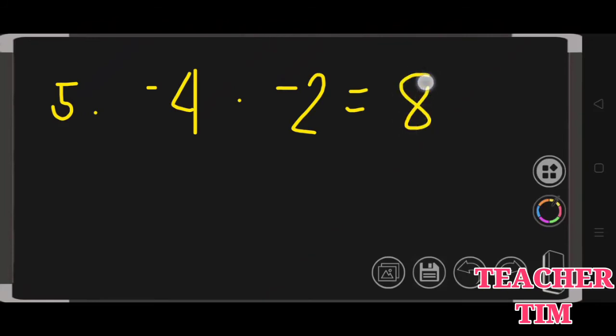Let's proceed to another example. Number 5, we have negative 4 times negative 2. So both are negative. So later on, the answer is positive. So 4 times 2, that is 8. So the answer is positive 8.